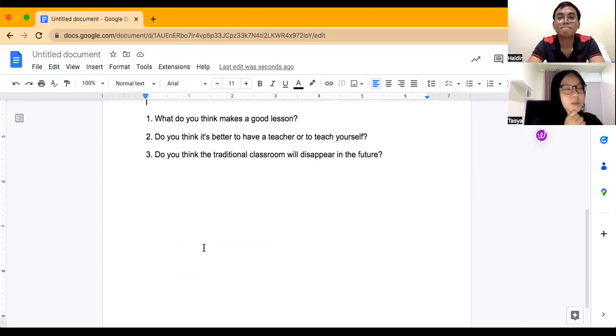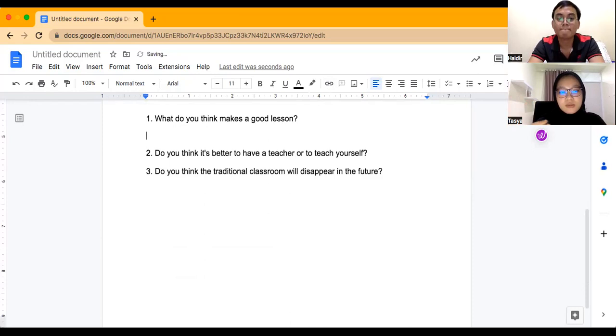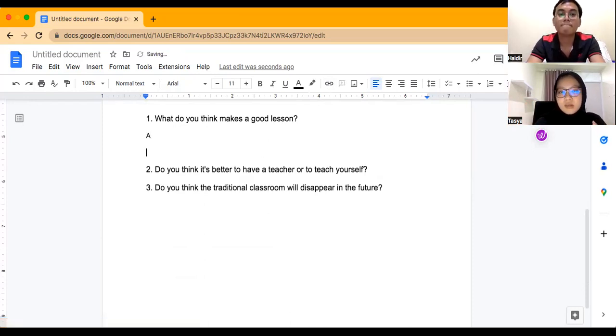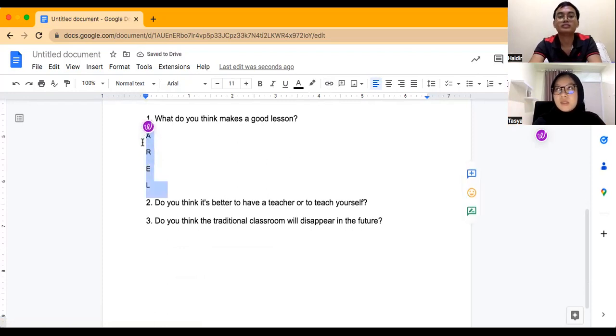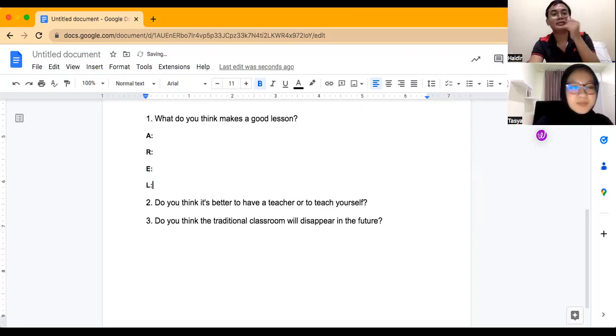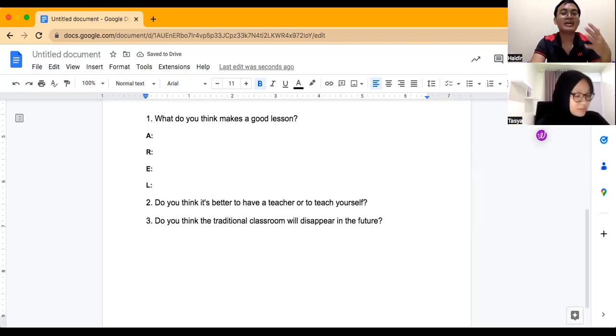In my opinion, what makes a class favorable is when the teacher can explain the materials clearly. Oke. Eh, nyadar nggak itu tuh sudah masuk ke reason? Itu sudah masuk ke reason.